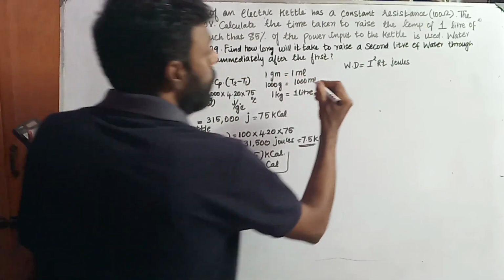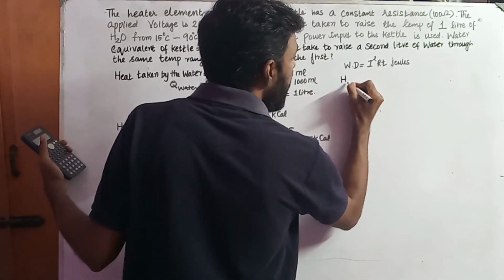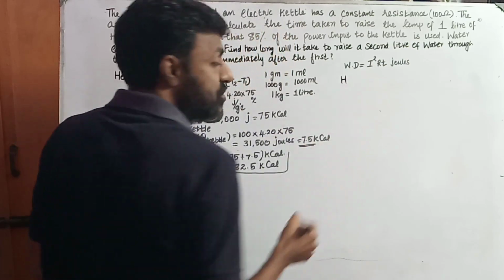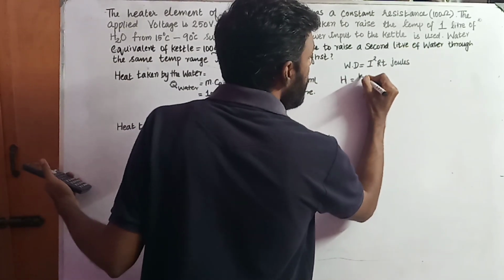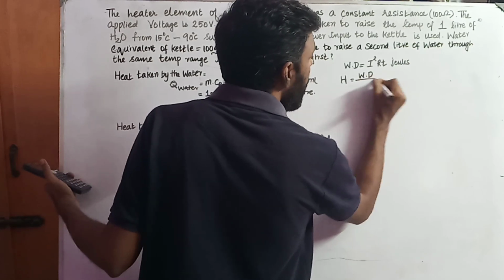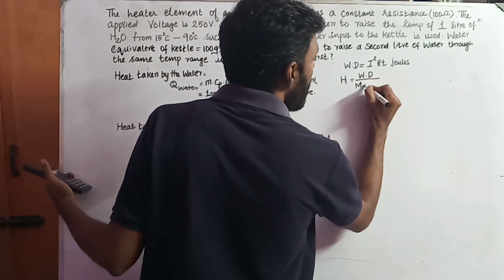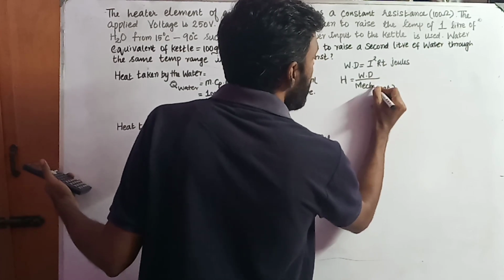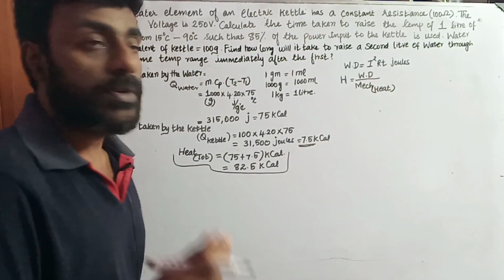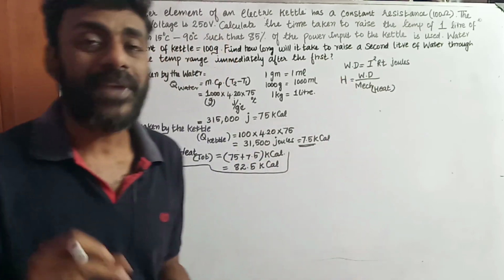So what is heat produced? Heat produced, I'm denoting it by H. H is expressed as the ratio between work done and the mechanical equivalent of heat. This is the heat produced in Joule's law of electric heating.